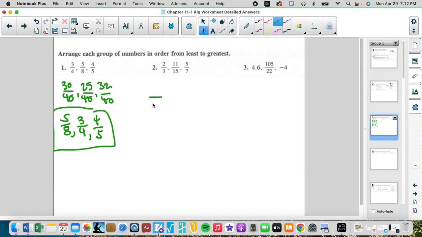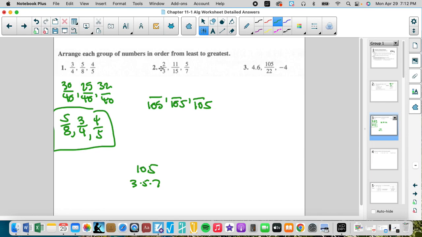So 105 would be the least common denominator. 105 is 15 times 7. Let's write the prime factorization: 3, 5, 7.